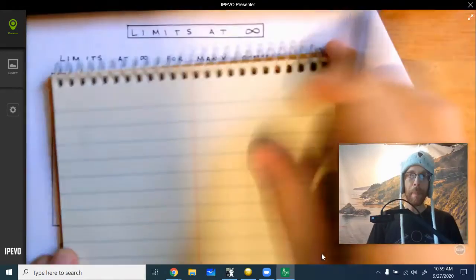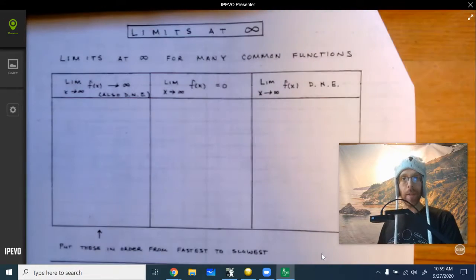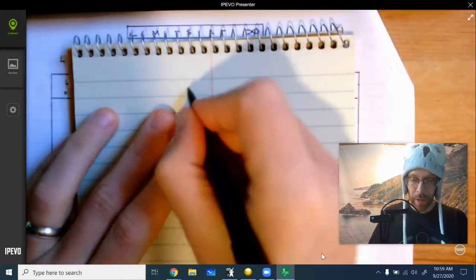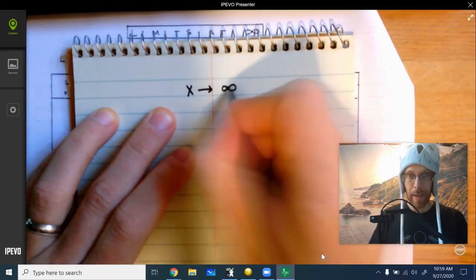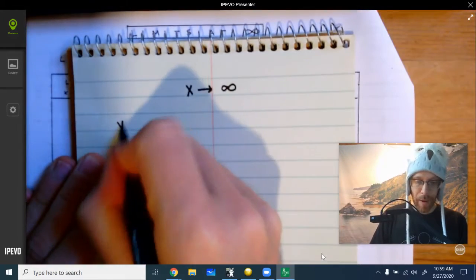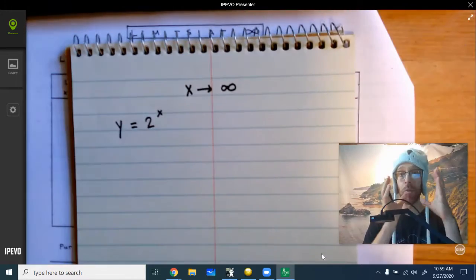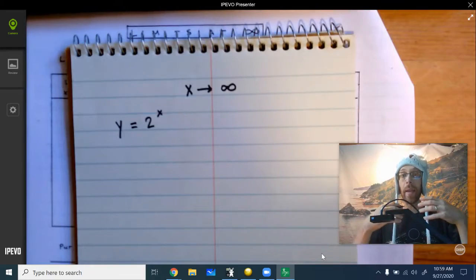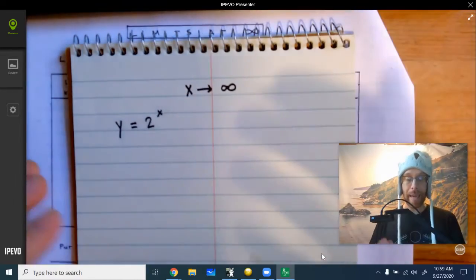It's fun. We're on the second page of the limits document, and here I want to talk about some things that we already know about functions. So suppose we're interested in what happens as x goes to infinity, and I ask you about this function right here. I expect that you will know immediately where this is going, and there's two ways that you could figure it out. One is you could plug in a big number.